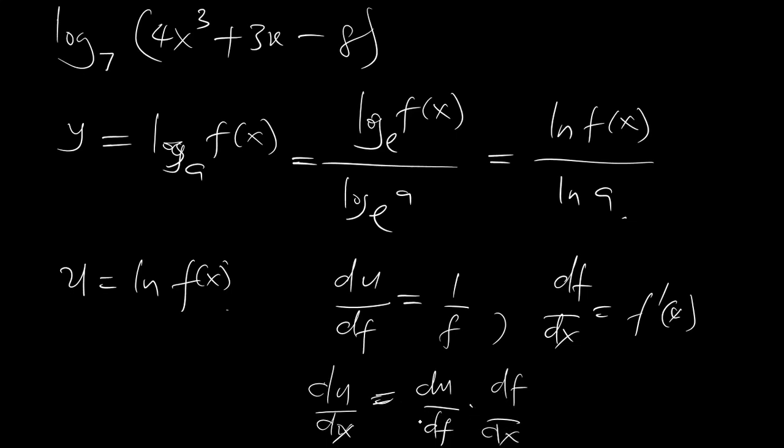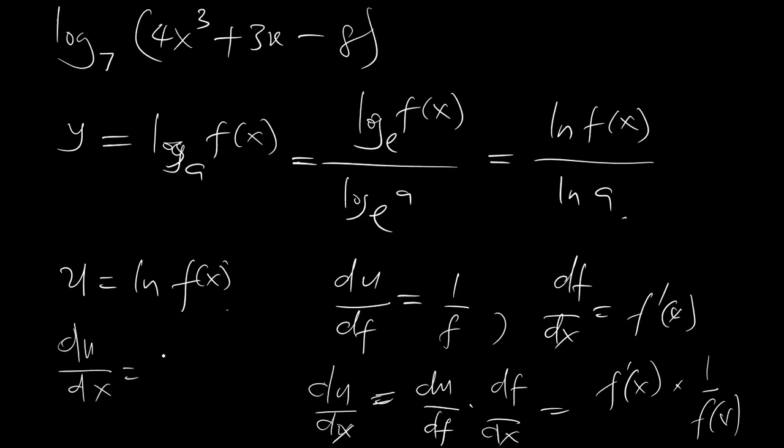You see, this will cancel this, it becomes du/dx. So we have f prime times 1 over f of x. That means the derivative of this with respect to x is equal to f prime over f of x.